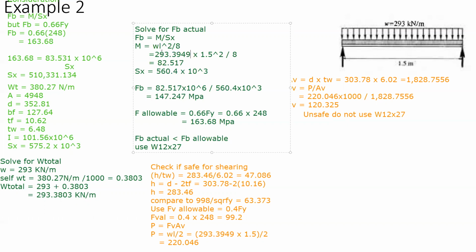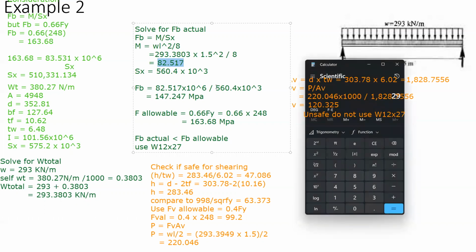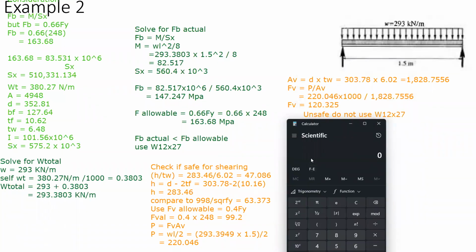So magiging 293.3803 times 1.5 squared divided by 8.